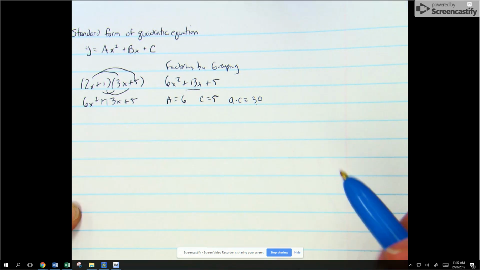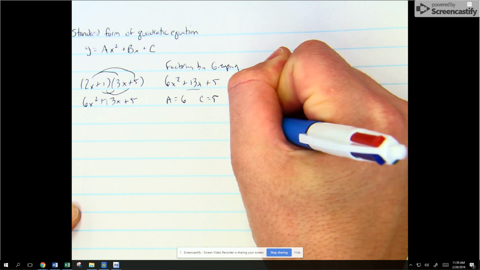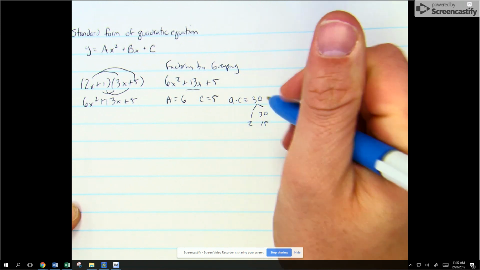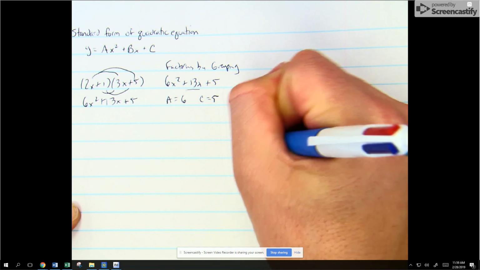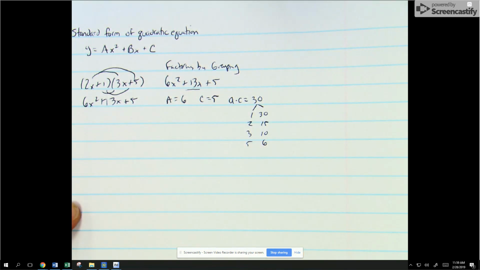So if you have to, write out the multiples of 30. 1 and 30, 2 and 15, 3 and 10, 5 and 6. Once you've identified all the sets of multiples, which ones add up to 13?